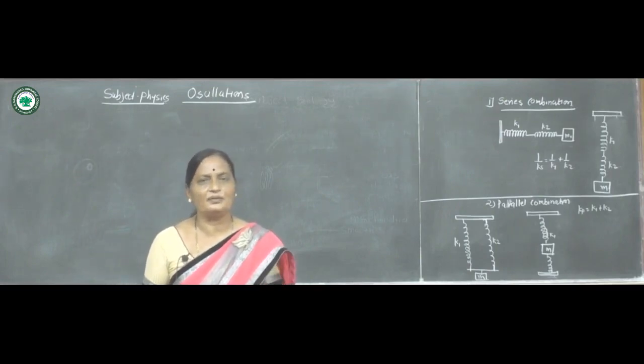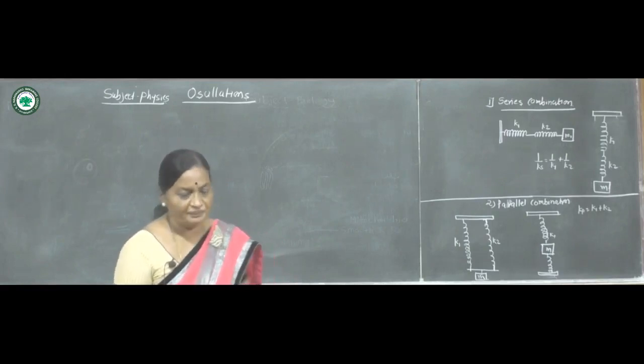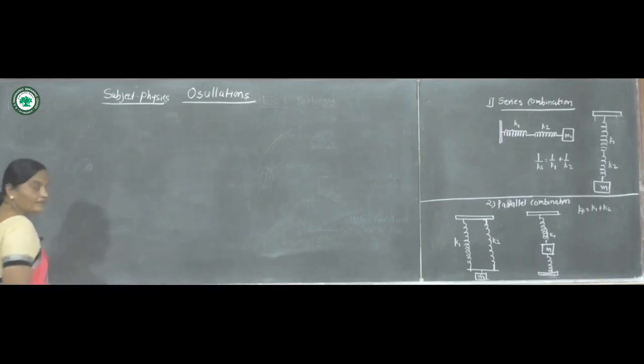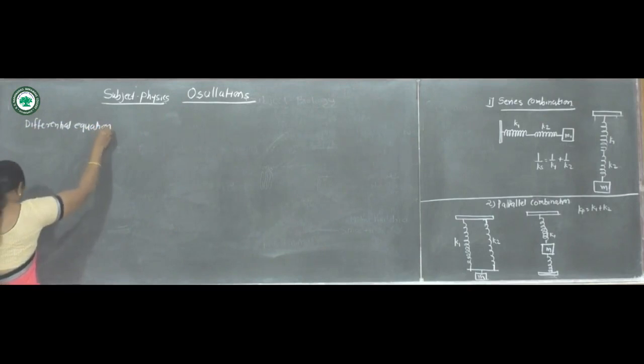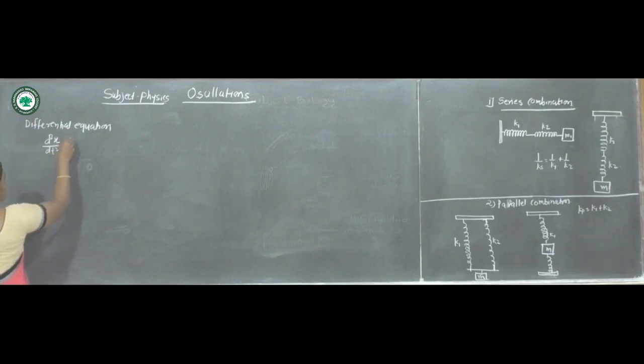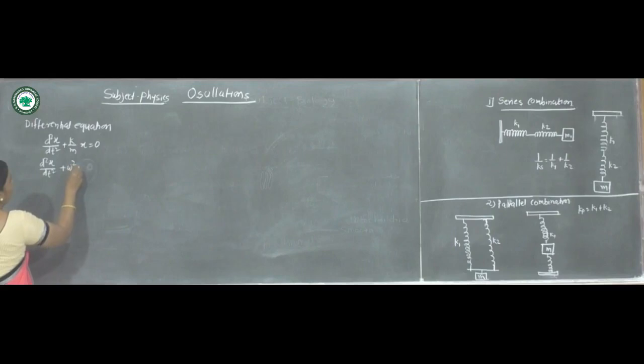Now here we substitute omega square for k upon m, so it is d2x by dt square plus omega square x is equal to 0. This is called the differential equation.